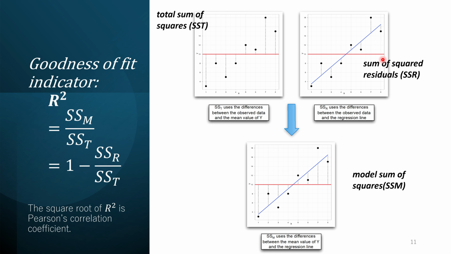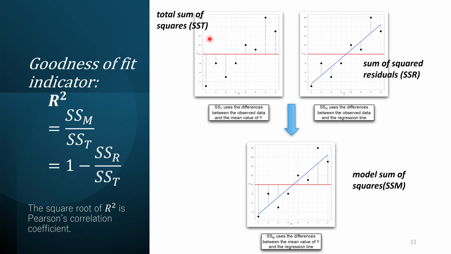SSR is the residual sum of squares, the unexplained part. And SSM is the model sum of squares, the part explained by the regression. SSR is the sum of squared residuals.